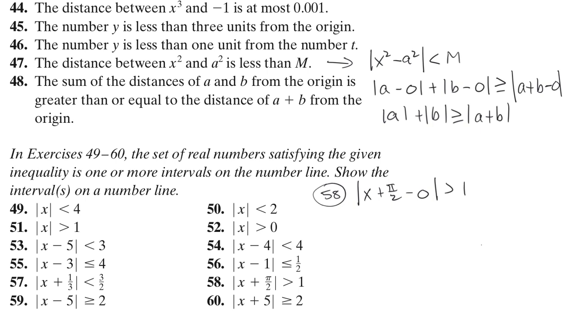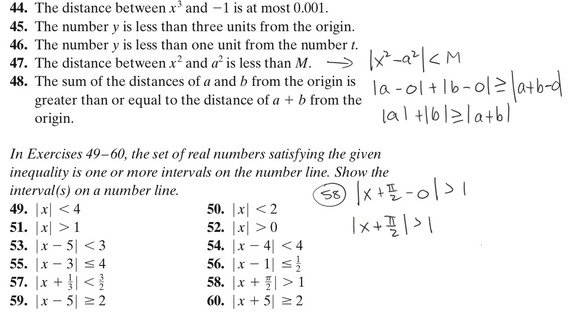Now, I've been round and round thinking about how to intuitively explain this. My easiest explanation is this. Let's remove that 0. So let's rewrite this. Absolute value of x plus pi over 2 is greater than 1.